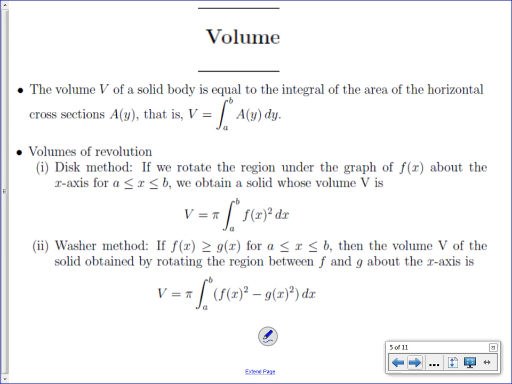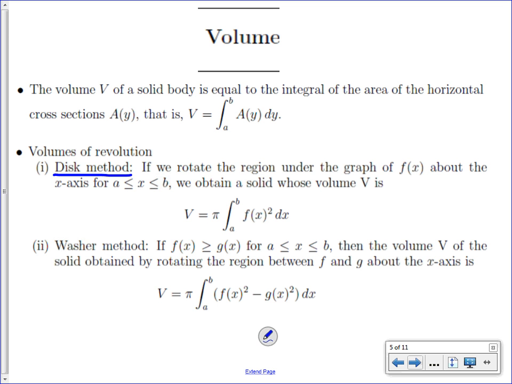From there we moved into volume. Once you can find the area between two curves, one way to find volume is called the disk method. That essentially is taking that area and rotating it around an axis. When you rotate it around an axis, the cross section is a circle.